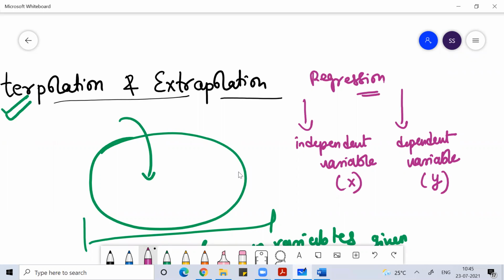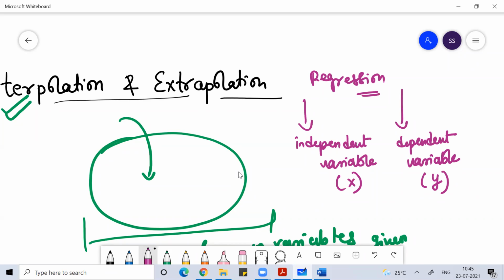And once we can establish the relationship between the two variables in the form of regression, if I look for any value which is outside the given range, using the same logic by which we established the relation between the independent and dependent variable within the given data, and we find the value outside the given range, that is called extrapolation.